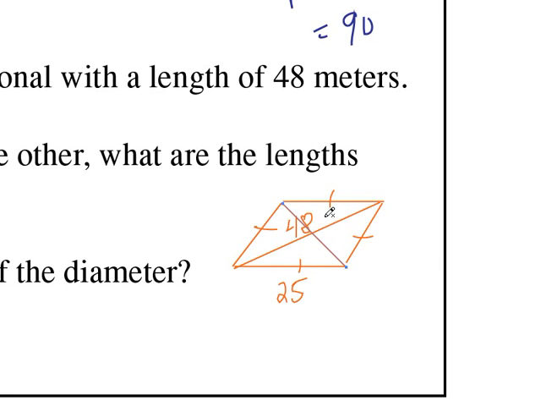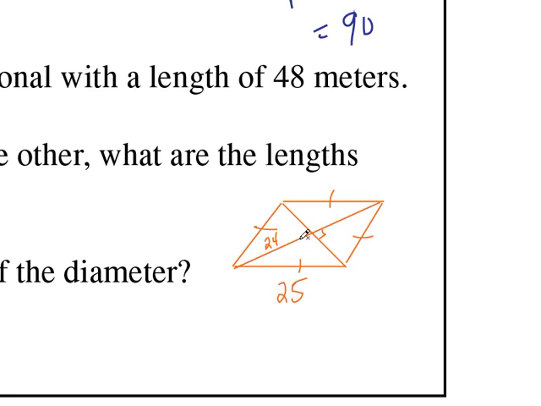Now again, I didn't really draw this very accurately, but this is supposed to be a right angle, because it's a rhombus, right? The diagonals are perpendicular to each other on a rhombus, and the diagonals are bisected. I got it now. If this whole thing is 48, the diagonals bisect each other, so what's that little bit right there? 24.